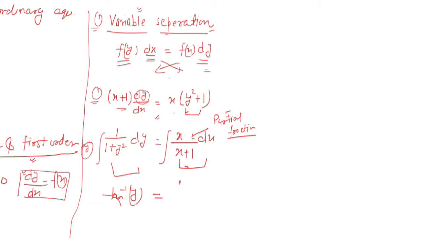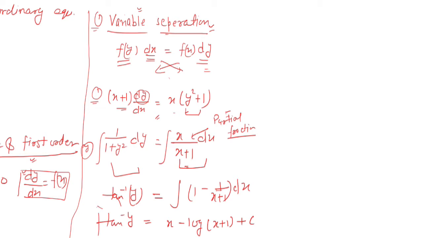So if you change this integration into partial fractions, you will get 1 minus 1 by x plus 1 into dx. So again we will have tan inverse y equal to x minus log of x plus 1, and you also add a constant c, as the differentiation of c is 0.